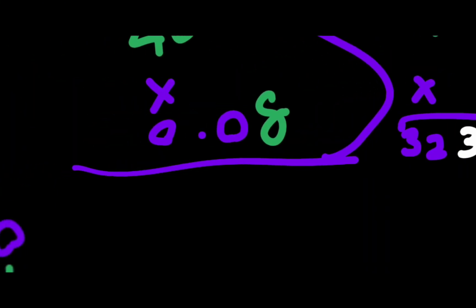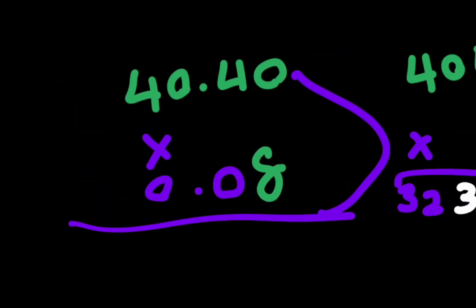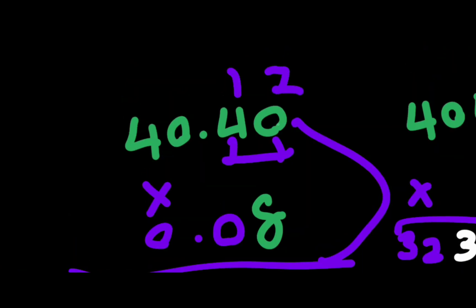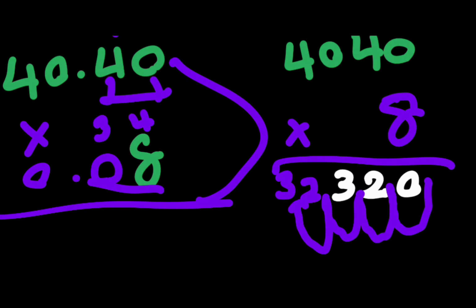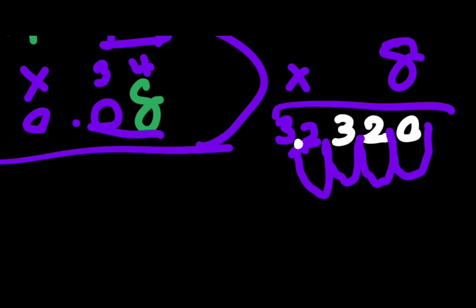Now remember we had 4 decimal places in our original question: 1, 2, 3, 4. So we need to go 1, 2, 3 and end at 4 right here. So it'll be 3.23.